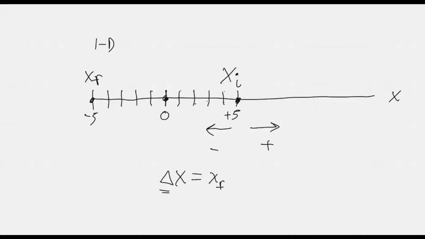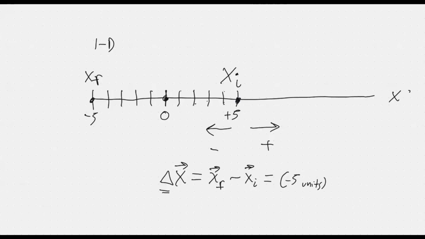Well, as we said, these are vector quantities in that they care about direction. And in this case, our final position would be -5 units. We didn't define units, but often you would put what your unit is on your coordinate axis.